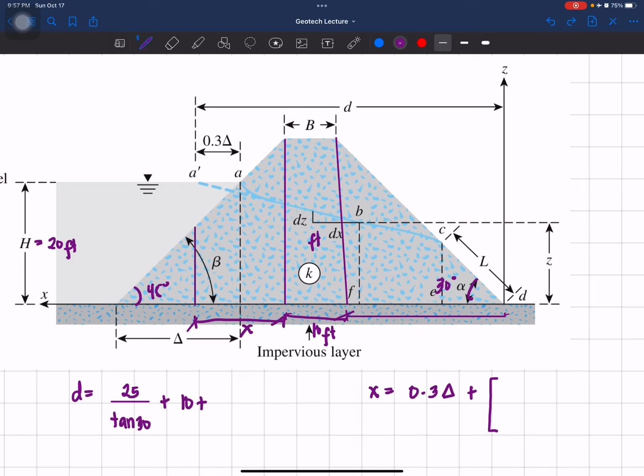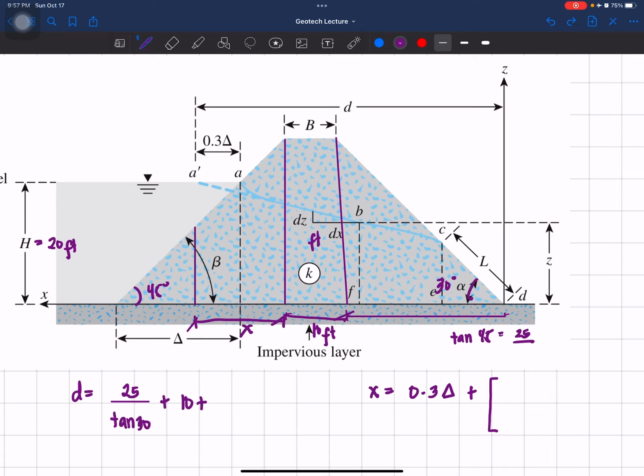So, that is tangent. Tangent of 45 equals, okay, our big triangle, that is opposite, that is 25 all over adjacent.